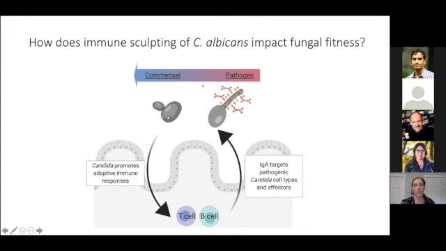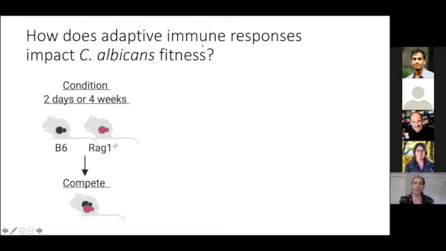To first ask how this immune sculpting impacts Candida fungal fitness within the gut, I designed a conditioning and competition experiment. This involved monocolonizing either wild type B6 or Rag immune deficient mice with isogenic Candida strains differing only by the fluorescent marker they express.